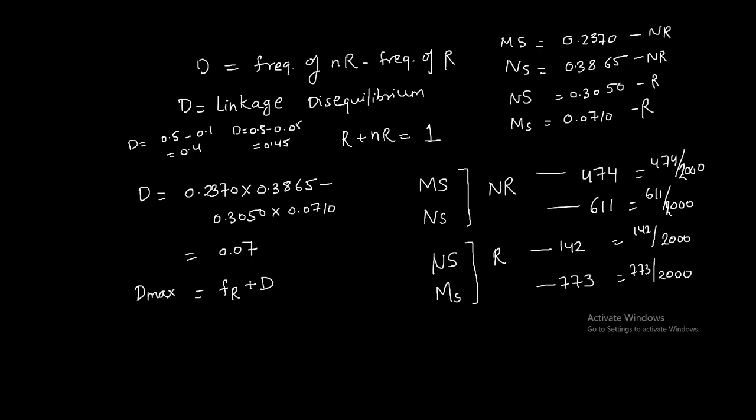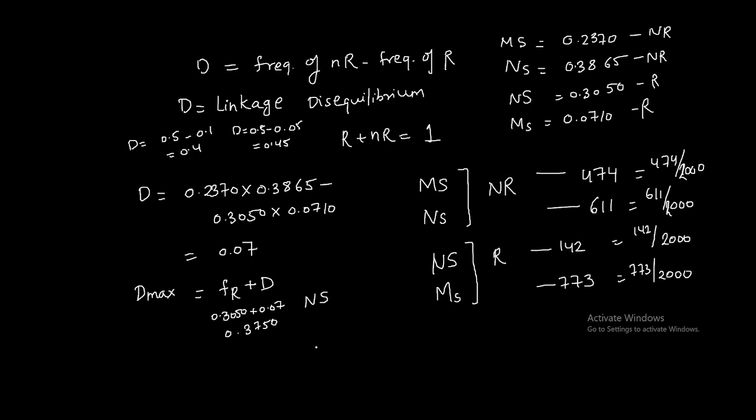plus D. So in this case, if you see the frequency of recombinants in case of the NS, it is 0.3050 plus D, which you get 0.07. So this is going to become something like 0.3750.